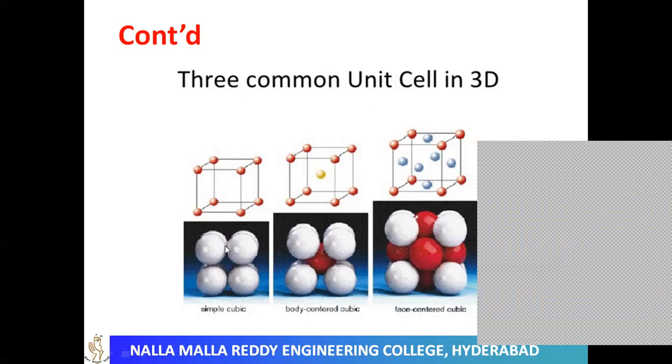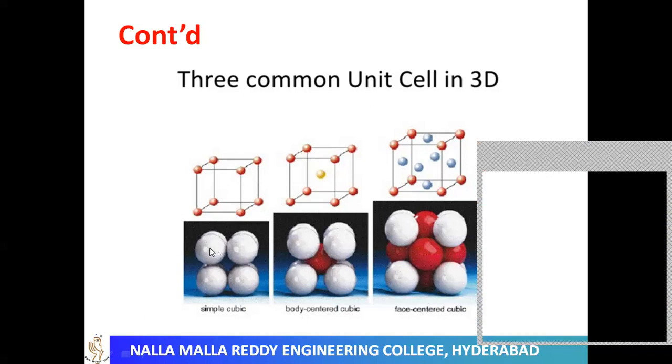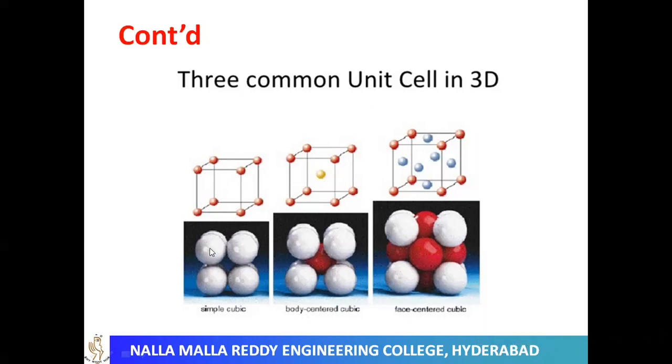Let's discuss each one by one. In the simple unit cell, constituent particles are situated only at the corners. There are 8 corners, and constituent particles will be only at these corners, as we can see in the white balls.